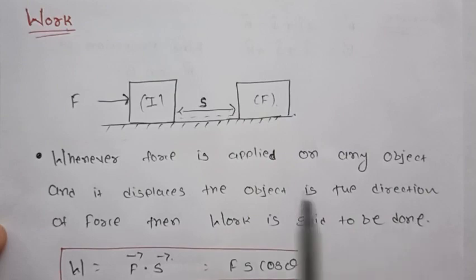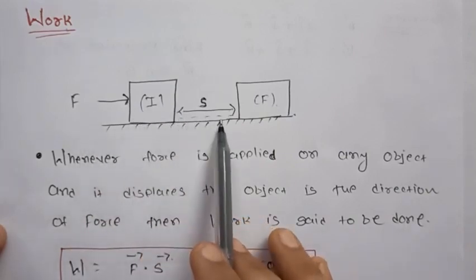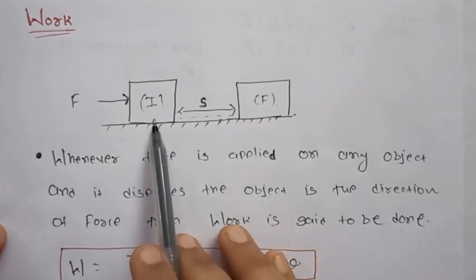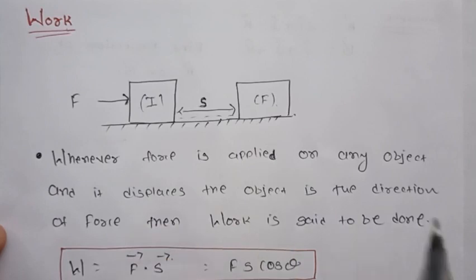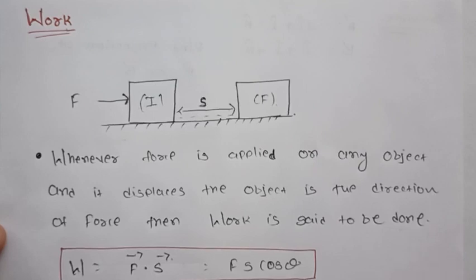In this case, due to the action of this force, this block is displaced, so we can say that work is done on the block. So whenever a force is applied on any object and it displaces the object in the direction of the force, then work is said to be done.